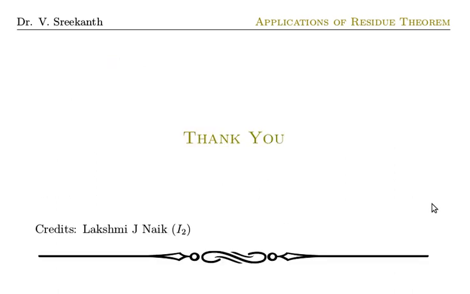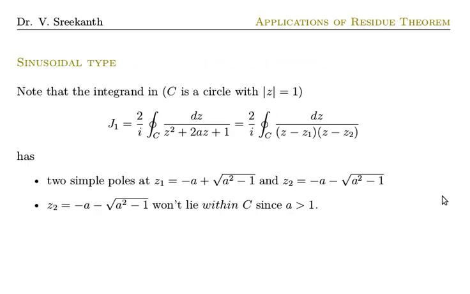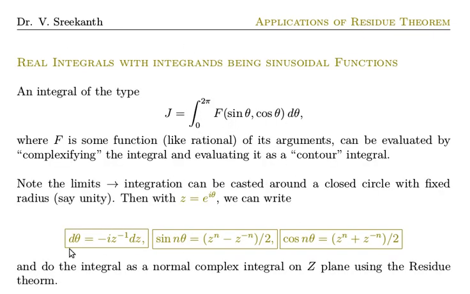Another one was the type of integrals of sinusoidal functions, which is of this sort of thing, where we saw that we can make this kind of substitution, and it will make sure that this goes into a complex integral over a closed curve, so mod z equal to 1, right? And then we can do it as a normal complex integral. How will you do that? You just apply the residue theorem. You calculate the residues within C, and then you apply the residue theorem, right?